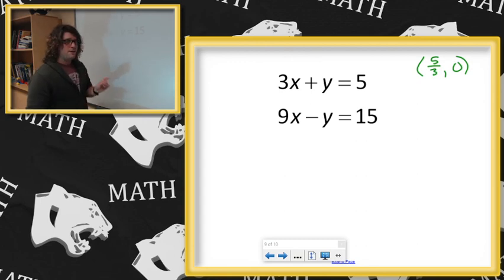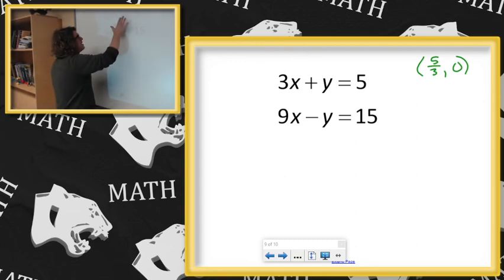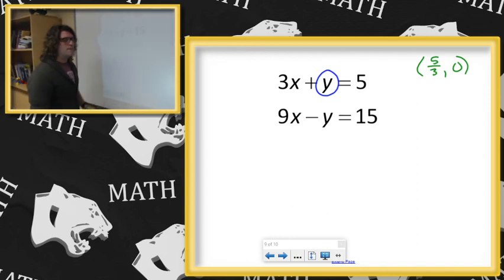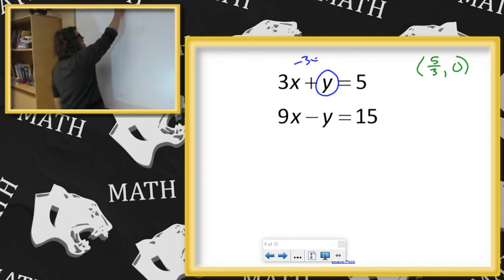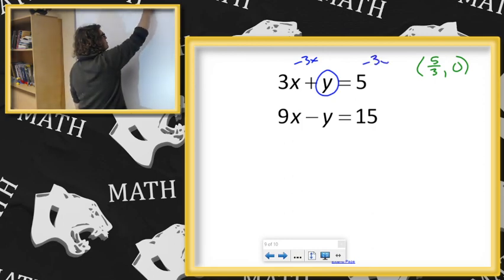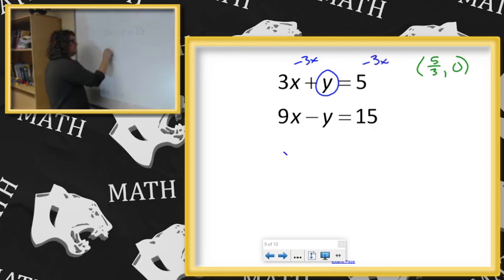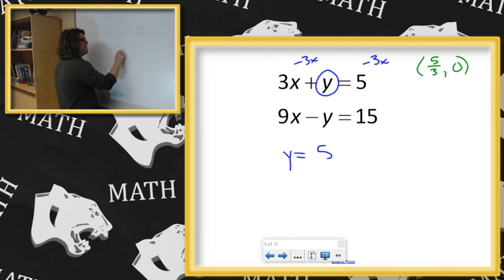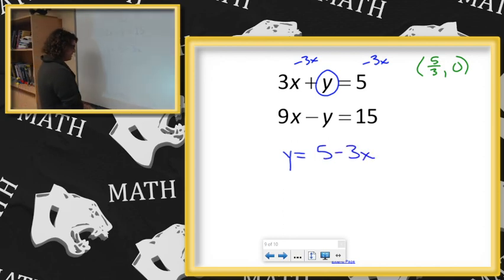So I am going to take my first equation and I'm going to choose to rearrange it for y. The way that I do that, subtract 3x from the left, subtract 3x from the right, and it ends up being y is equal to 5 minus 3x. Now, once I have this, I have the equation rearranged for y.